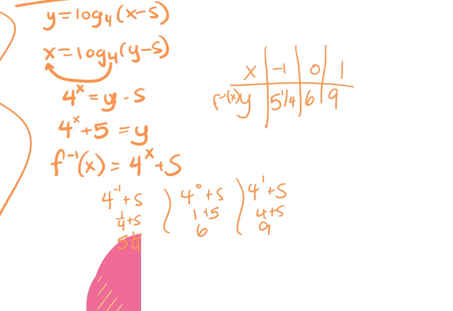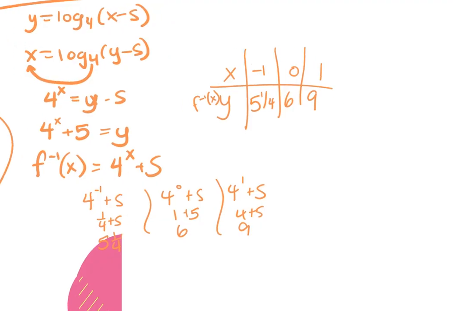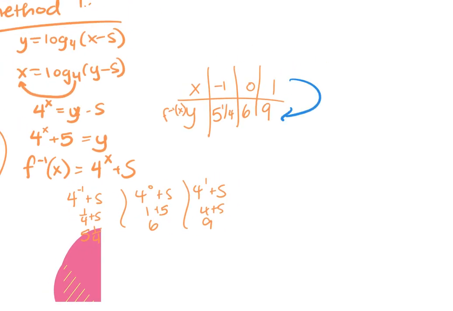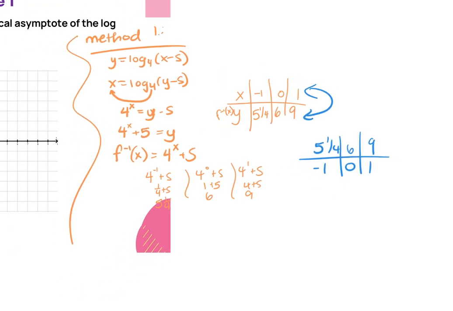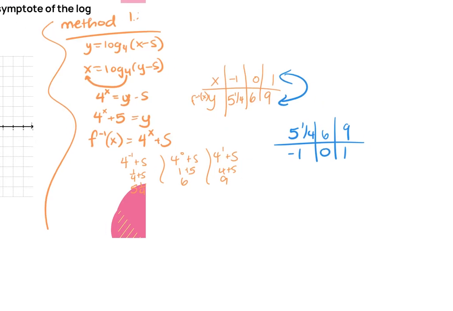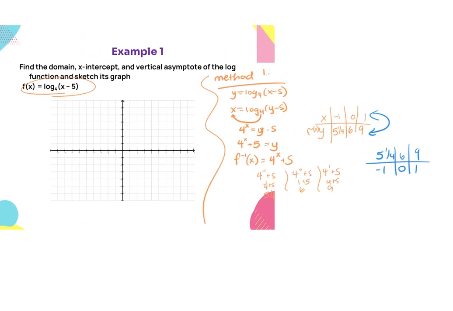So find the inverse, plug in for x, and then before I can graph this, I have to switch it back. So the y's become the x's, and the x's become the y's. Then I would go to the graph.